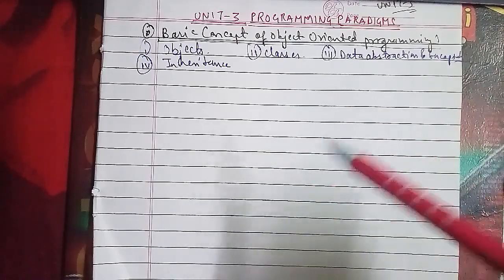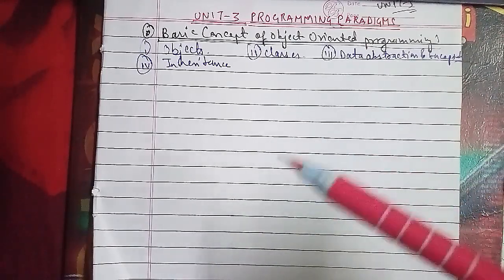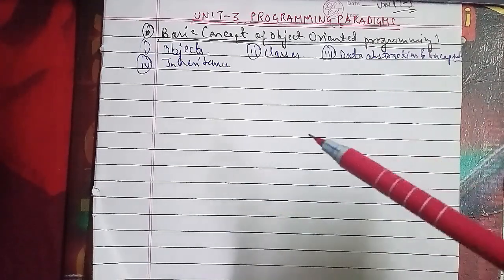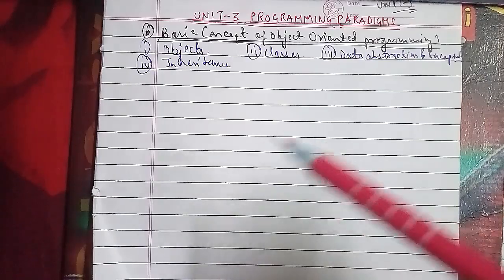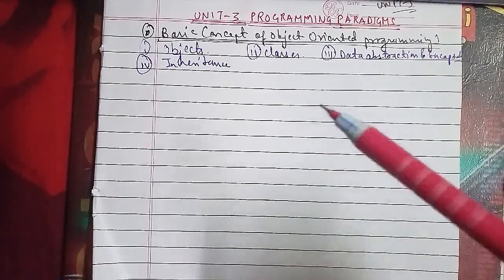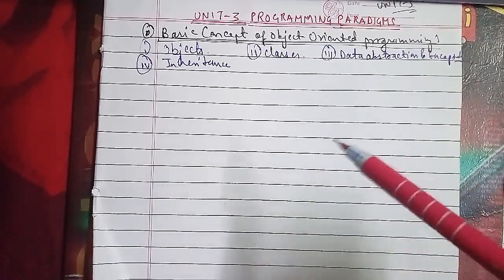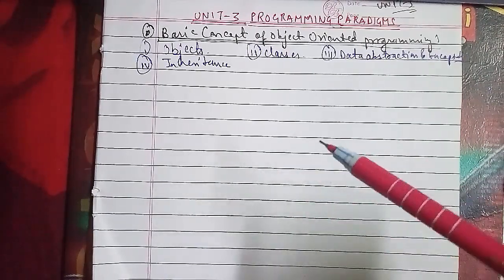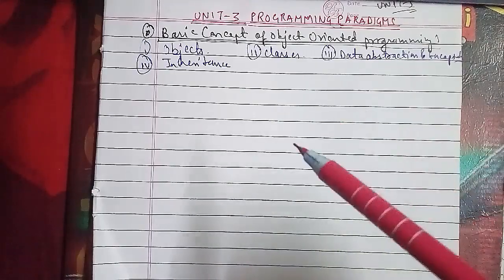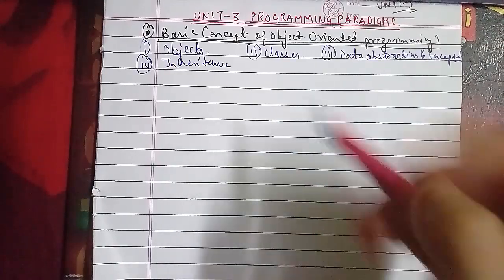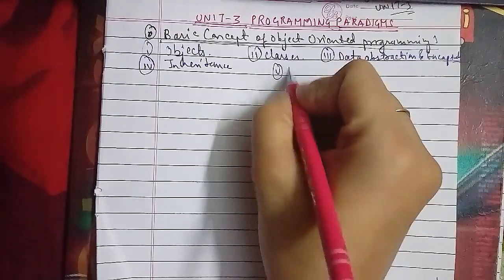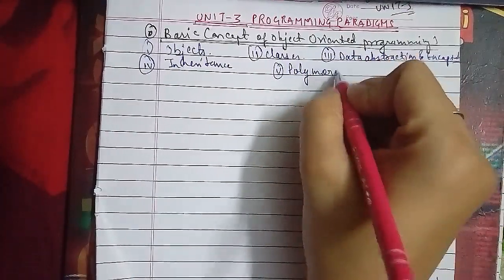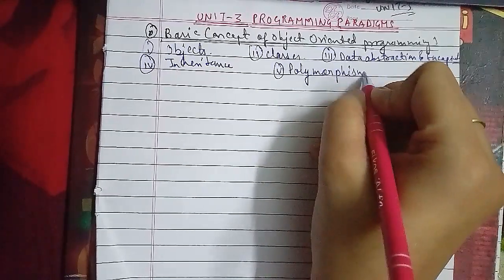Now talking about another one, which is the fifth one, polymorphism. Polymorphism is another important OOP concept, and polymorphism, a Greek term, means the ability to take more than one form. An operation may exhibit different behavior in different instances, and the behavior depends upon the type of data used in the operation.